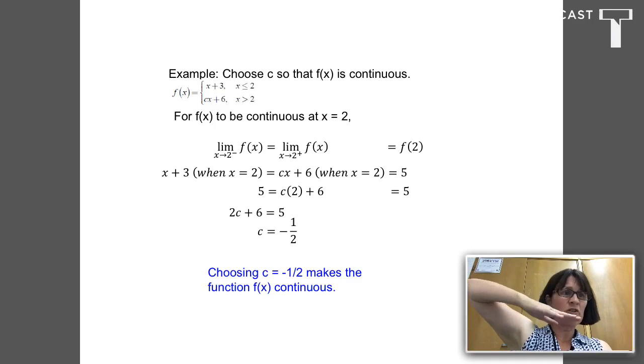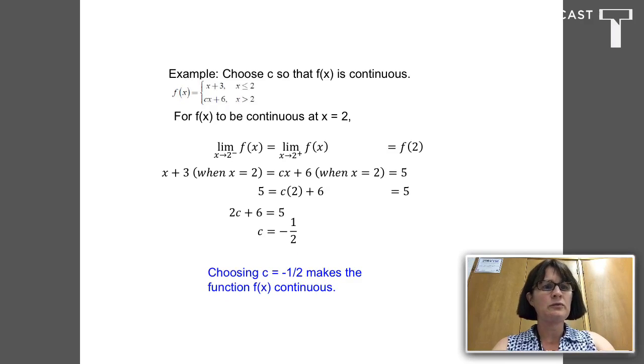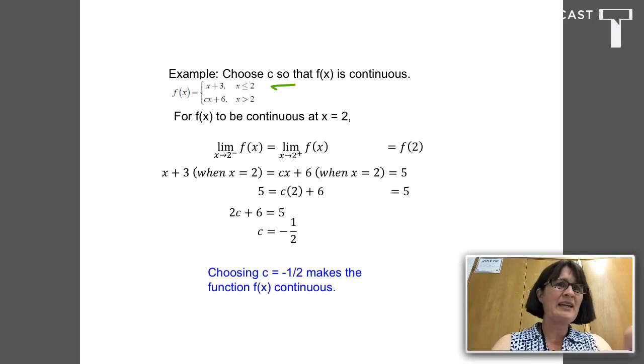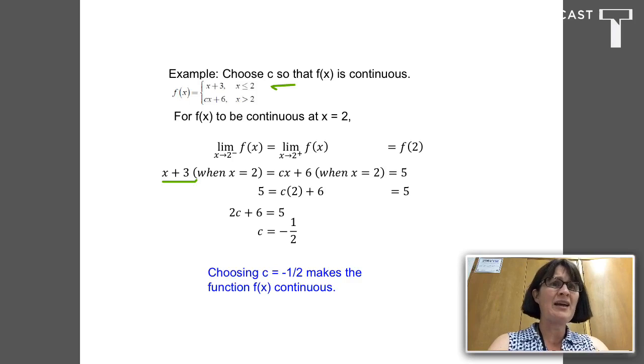As I come along my function from the left, I'm following this piece. So the limit from the left is the limit I would get if I plugged in 2 for x here. So I'm going to set x plus 3, when x equals 2, equal to the limit from the right, which is whatever cx plus 6 is, when x equals 2. And that all has to equal the function value.